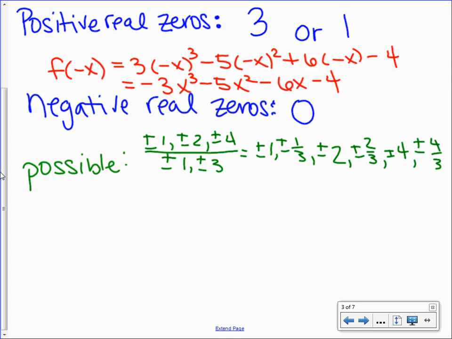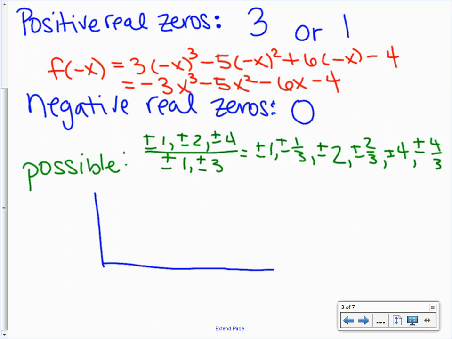Instead of 12 zeros to start testing through, we really only have 6 to test because I know none of these negative ones are going to work. Are they? Okay. It is nice, isn't it? So let's make our life easier.